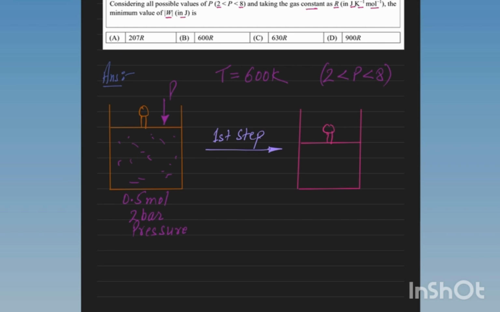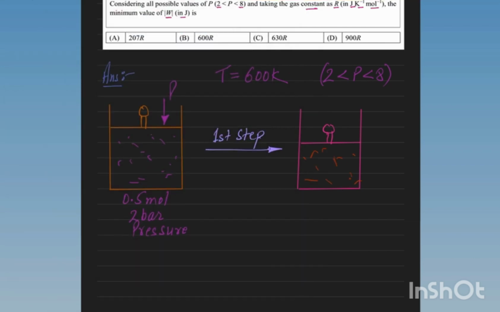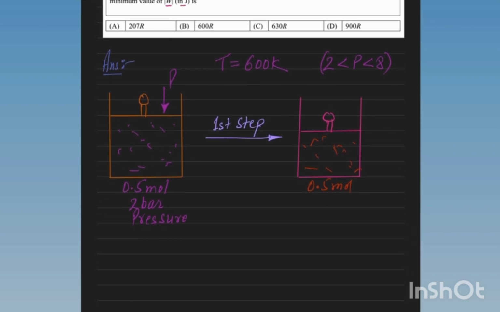Okay, the moles will be the same. And now when this process completes, the pressure will remain the same P pressure. But when this distance stops, then the internal and external pressure become equal. That means the internal pressure also becomes P bar.